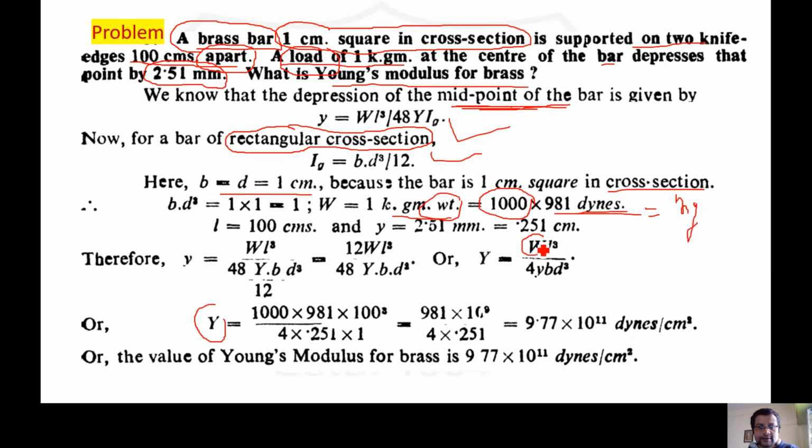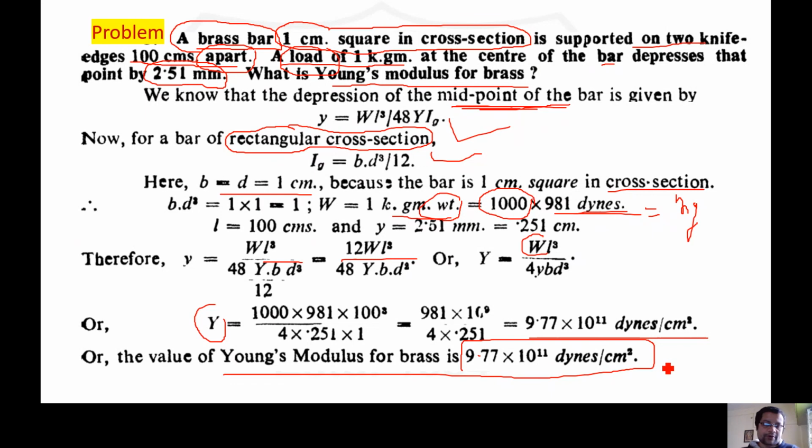These are the CGS unit calculations, and by substituting the values you find the Young's modulus in the CGS unit, which comes out to be 9.77 into 10 to the power 11 dynes per centimeter square.